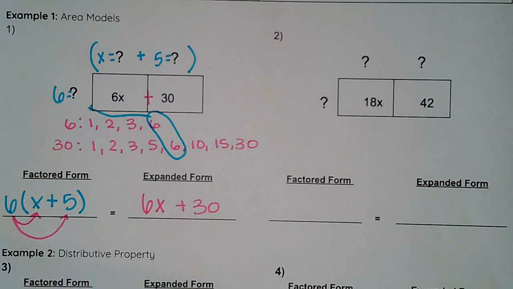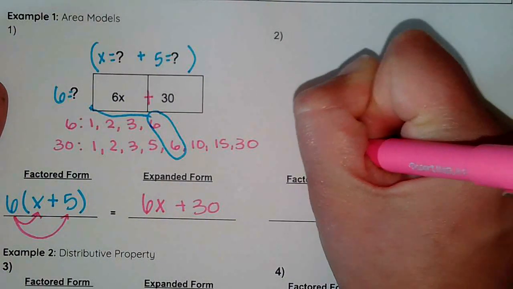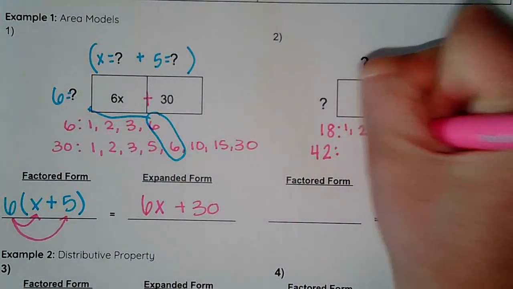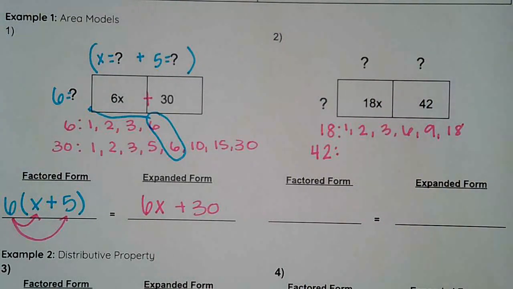We've got 18x and 42. Again, I'm going to write out my factors so I can find the greatest factor they both have in common. 1, 2, 3, 6, 9, and 18 are the factors of 18.